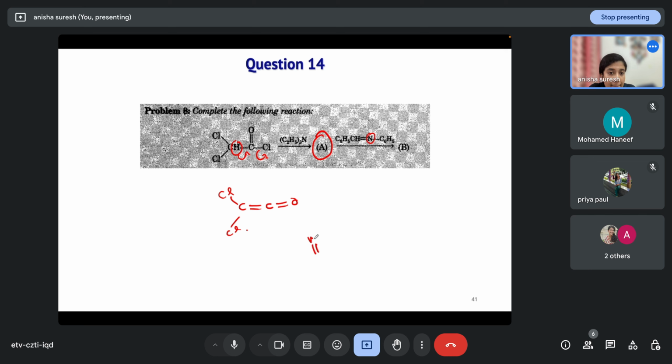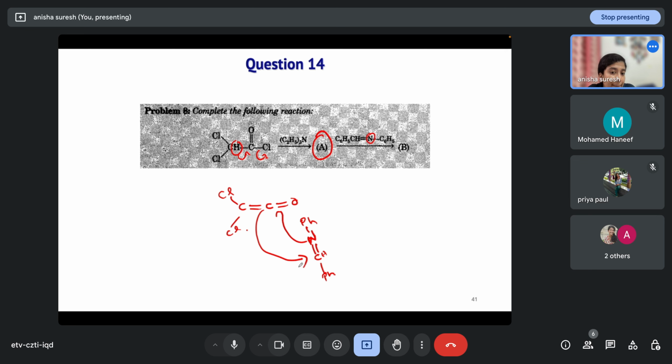Then how the reduced selectivity will be coming? This nitrogen center will be adding to the carbonyl and like this.